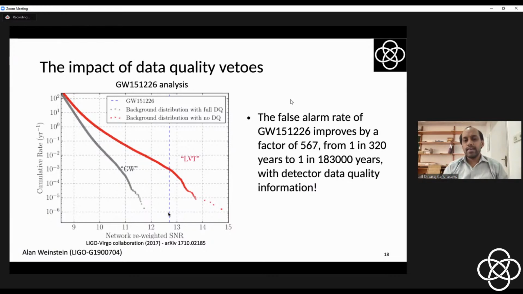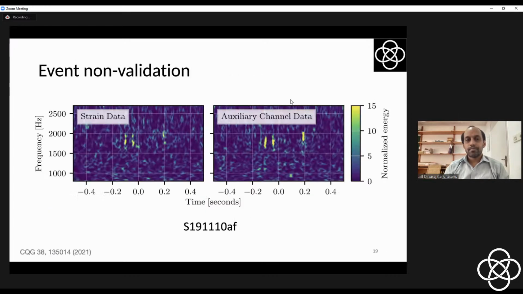That's how we assign significance to this signal. Going from here to here, the significance of that signal went from 1 in 320 years to 1 in 83,000 years. So the significance of these events significantly increased after applying these vetoes.